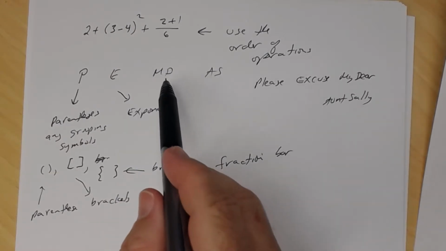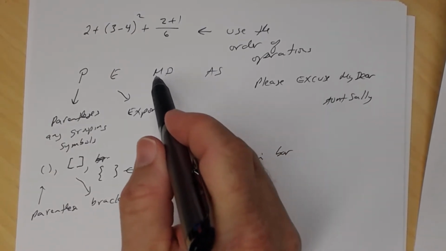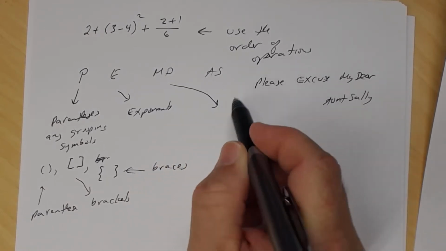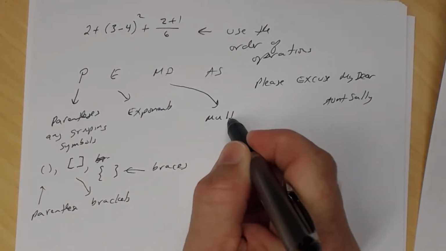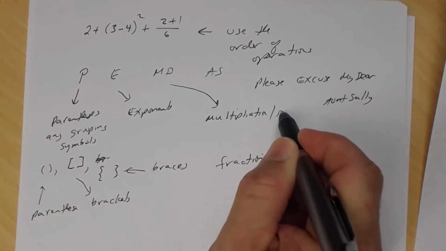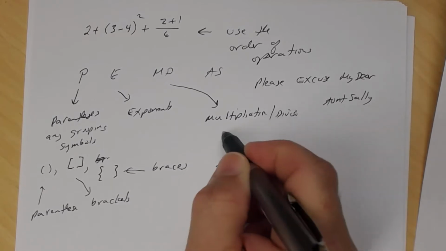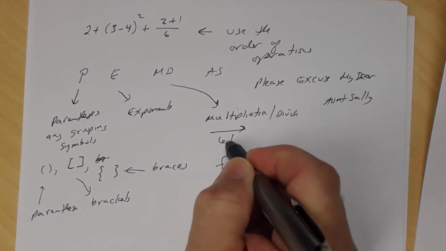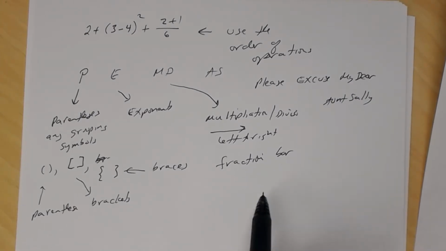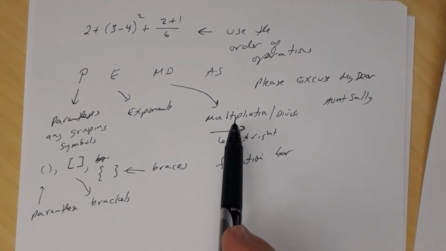All right. Then the next priority is multiplication, division. I'm going to write this right here. Multiplication, division. And you do that from left to right. What that means is whatever you come across first in terms of multiplication and division.